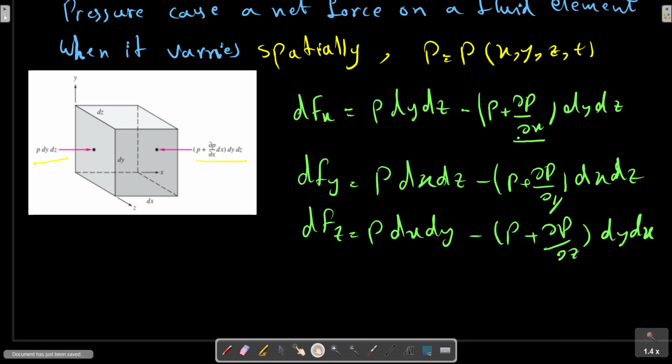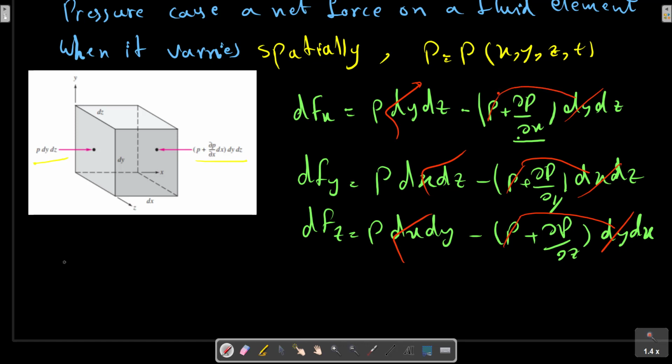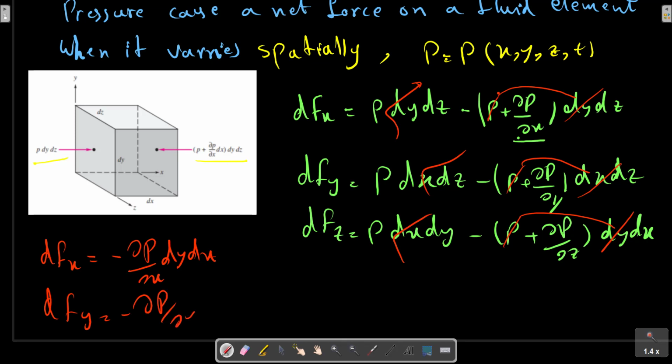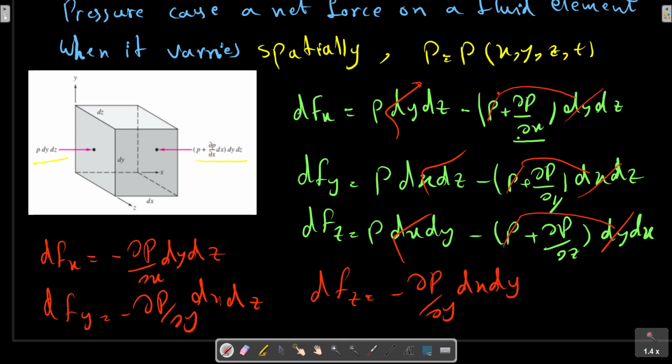With simplification and eliminating common terms we can write dFx equals minus partial p partial x dx dy dz, dFy equals minus partial p partial y dx dy dz, and dFz equals minus partial p partial z dx dy dz.